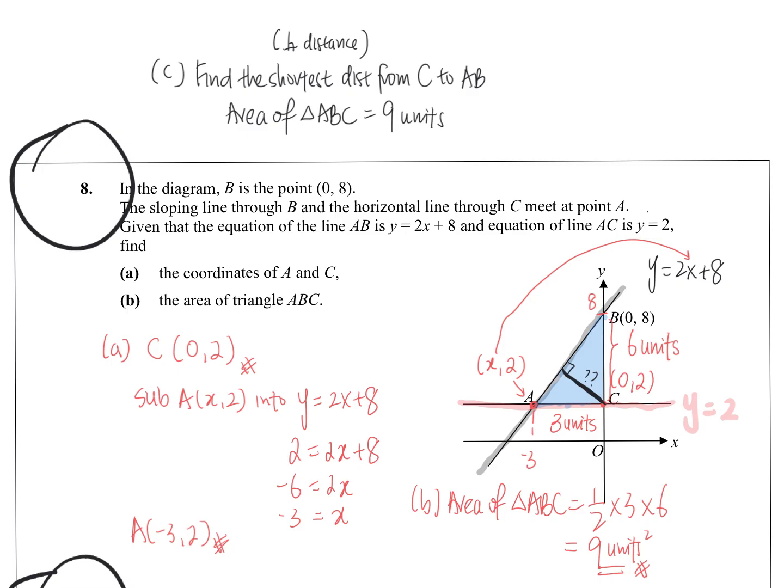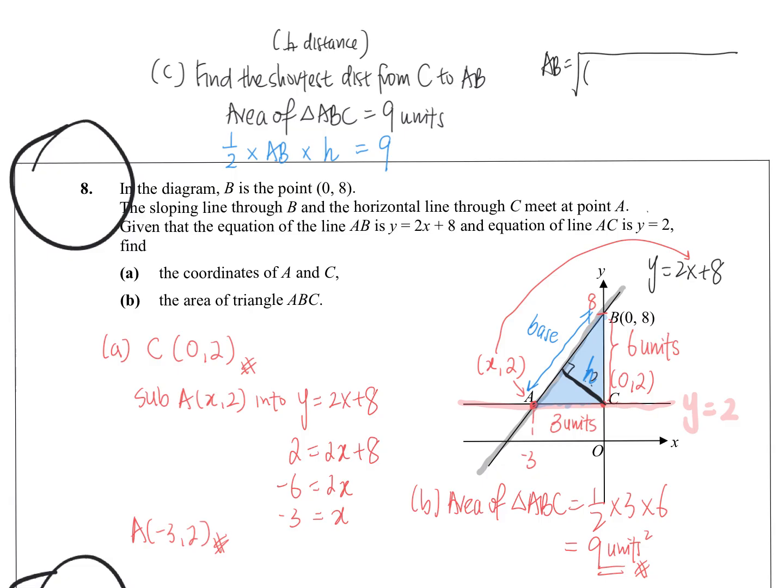So now I'm going to look at the triangle in a different way. I will choose my base to be this. So half times the base, which is the length of AB, times the height, which is this one I want to solve, is 9. So I can go and find my AB by using the length formula. This one no problem.